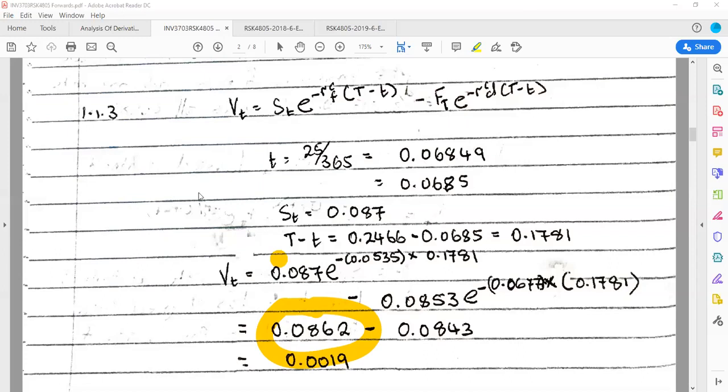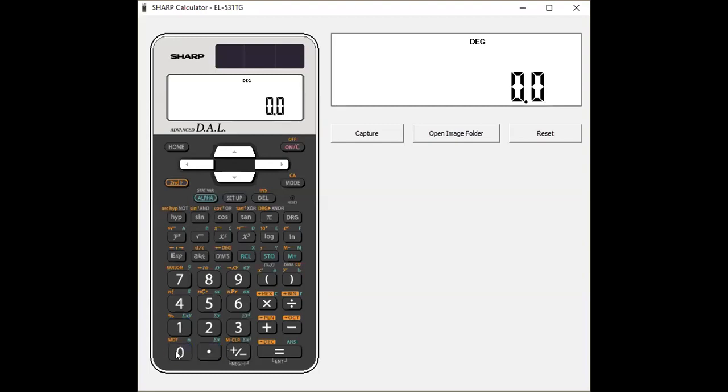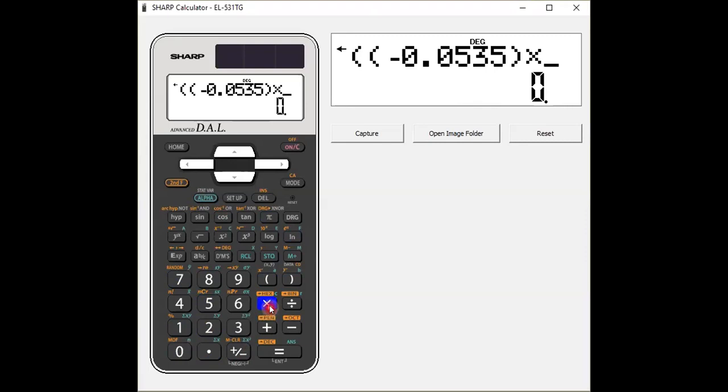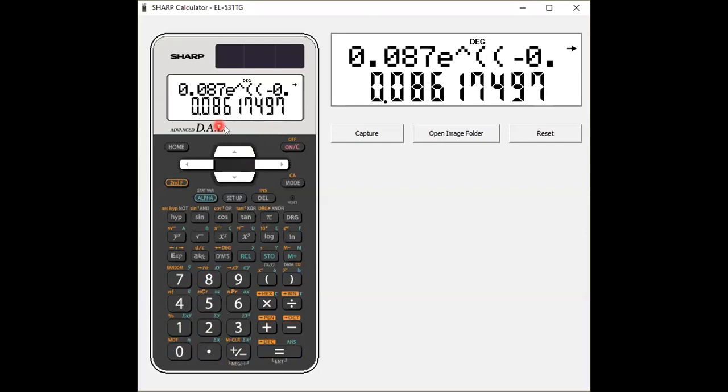You say 0.087, right? Then you say second function exponential, then open bracket minus 0.0535 multiplied by 0.1781, and then you close brackets and you get 0.0862. So that's how we got that first part.